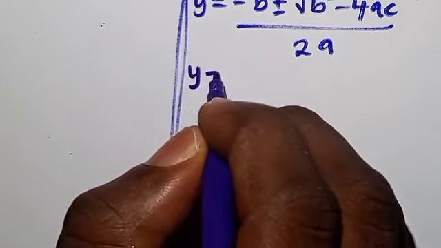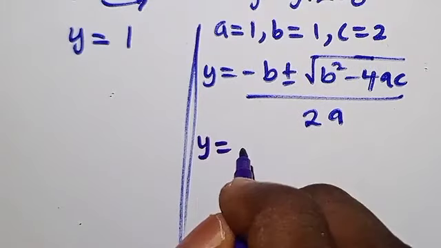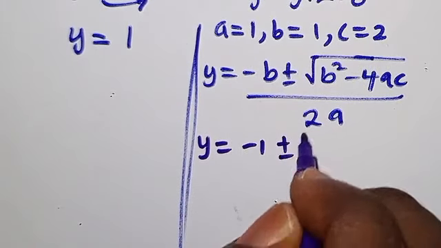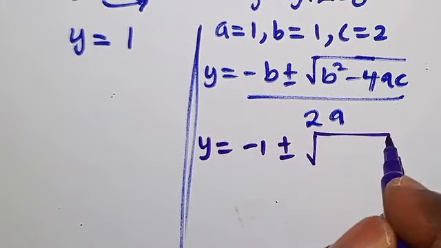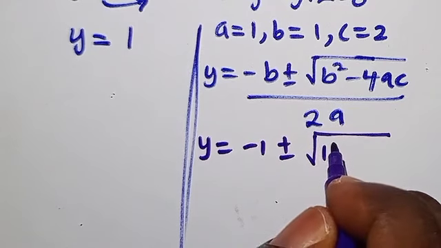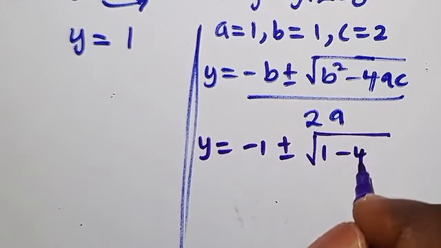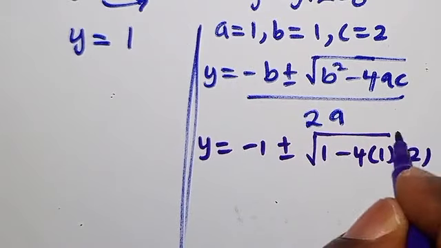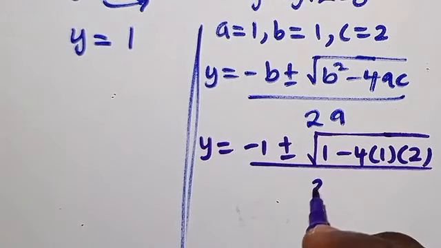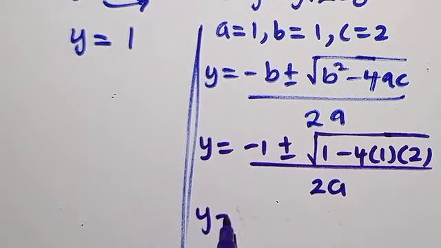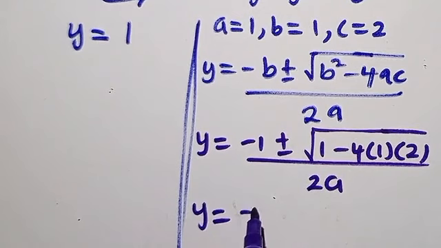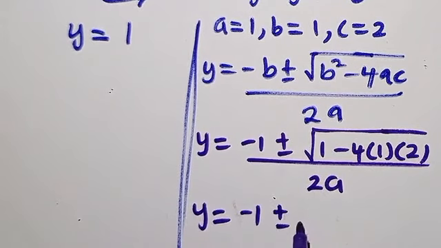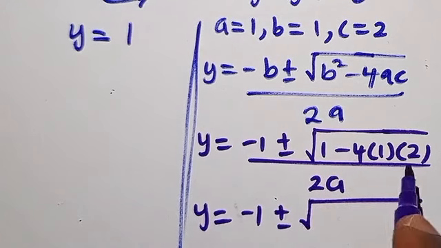So we have y equals minus 1 plus or minus the square root of b squared, which is 1 squared, minus 4 times a, which is 1, times c, which is also 2, all over 2a. You have y equals minus 1 plus or minus the square root of 1 minus 4 times 2.